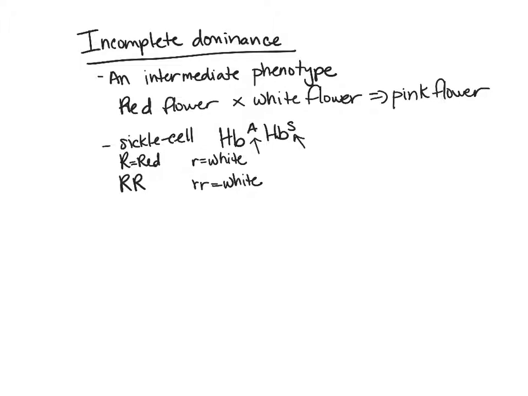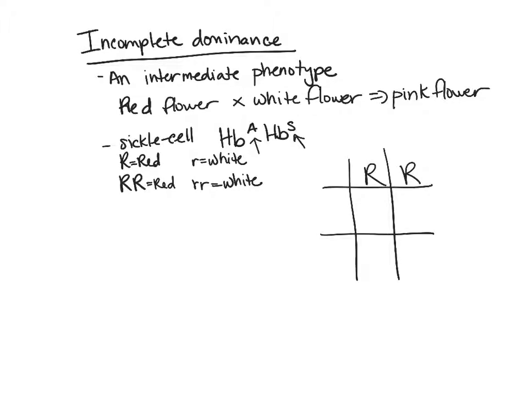And in this case, if we take our red and cross it with our white flower, a very simple Punnett square here, then what we get is big R, little r, and in this case, because it shows incomplete dominance, this would be a pink flower.